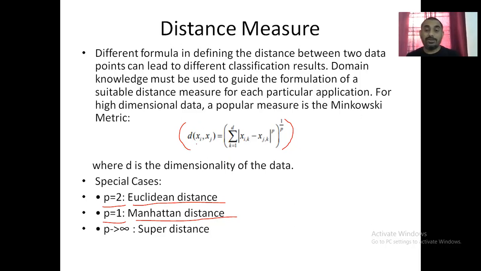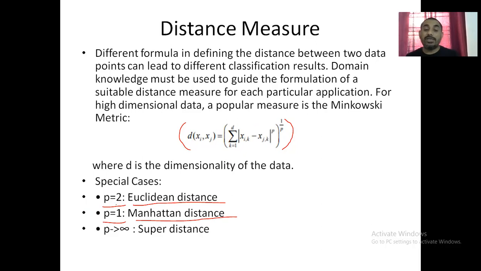The formula is d(xi, xj) equals the summation of k equal to 1 to d of |xik minus xjk| to the power p, and the whole to the power of 1 by p. On the basis of this parameter p, we can compute different types of distances.